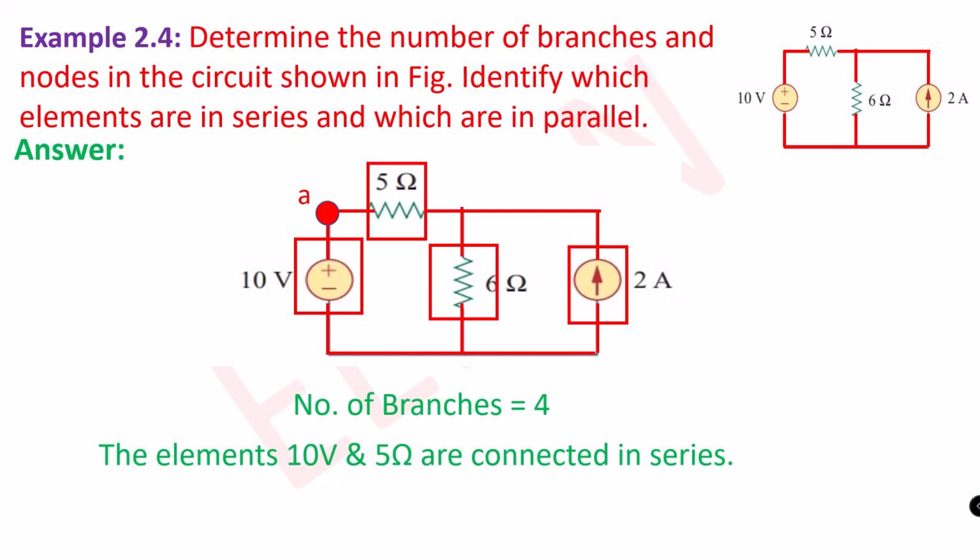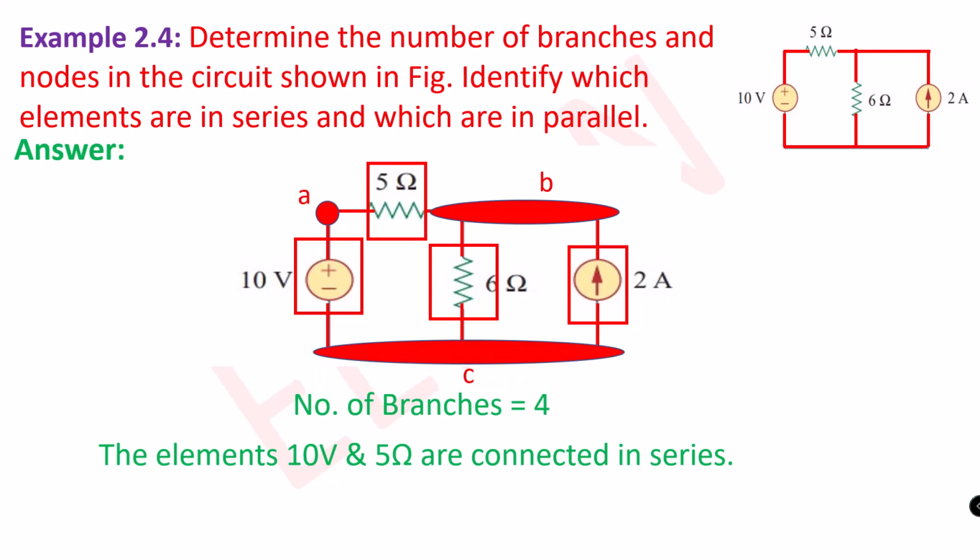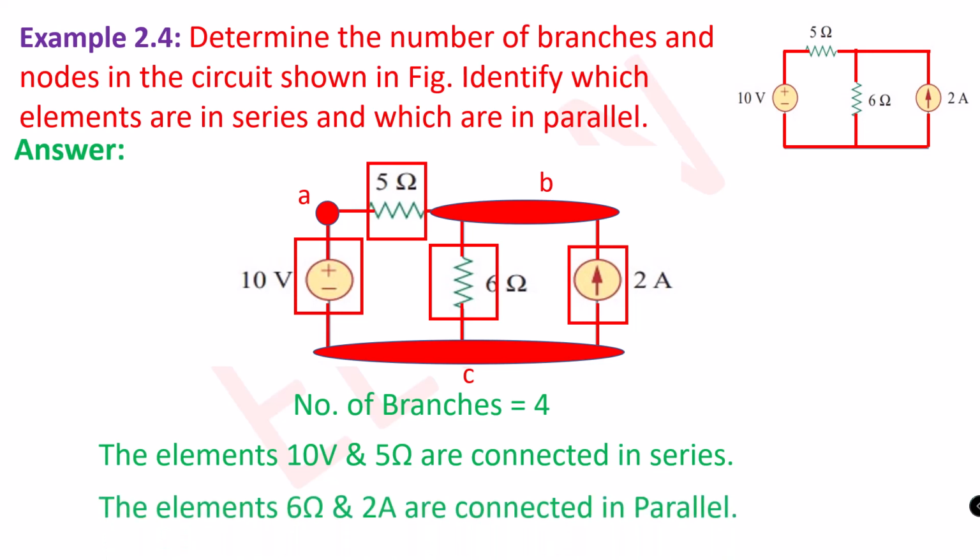On the other hand, the 6 ohm resistance and 2 ampere current source are in parallel because they have two common node points. One is node B and the other is node C. So we can say that the 6 ohm resistance and the 2 ampere source are connected in parallel.